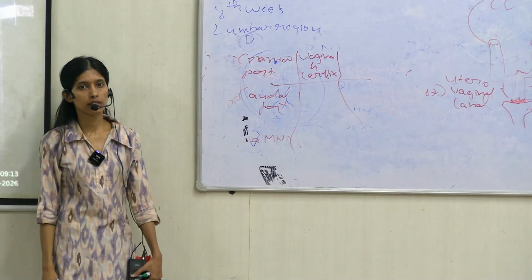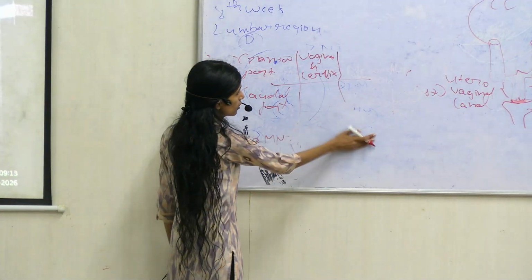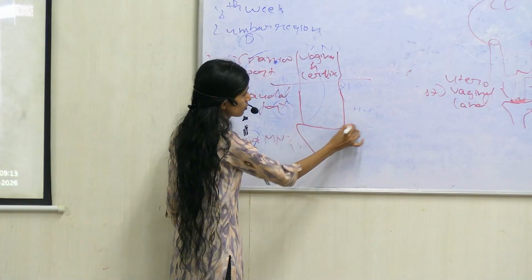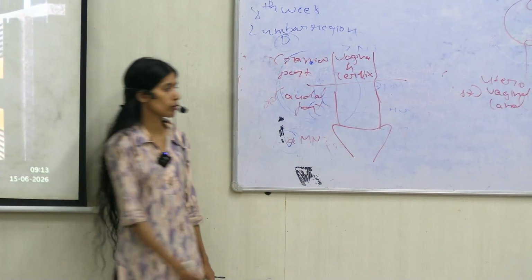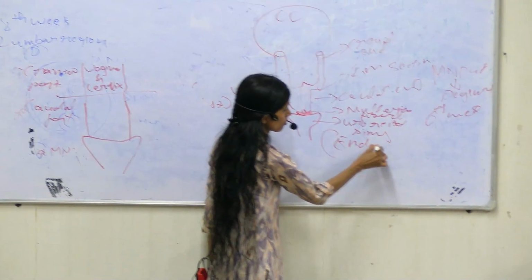Okay, and the lower part or the caudal part will be in contact with the urorectal sinus. Okay, and remember, urorectal sinus is endodermal in origin.